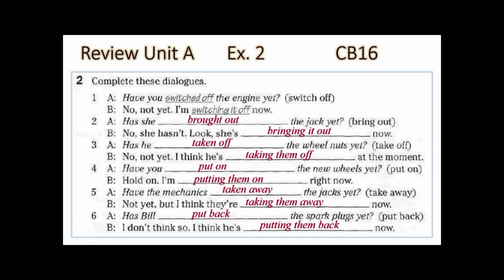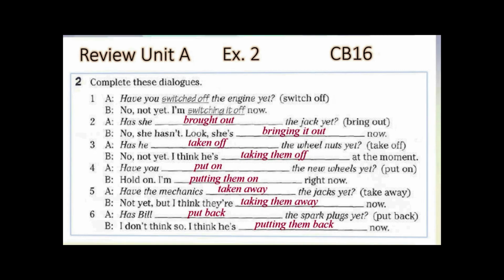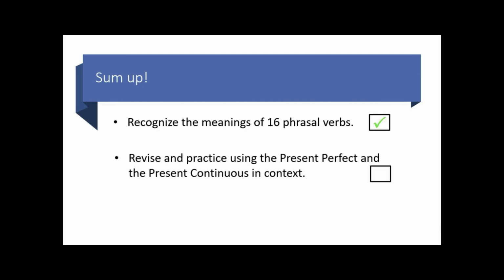Now let's wrap up the lesson. We have recognized the meanings of 16 phrasal verbs. Make sure to use them in writing and speaking. We have also revised and practiced using the present perfect and the present continuous.